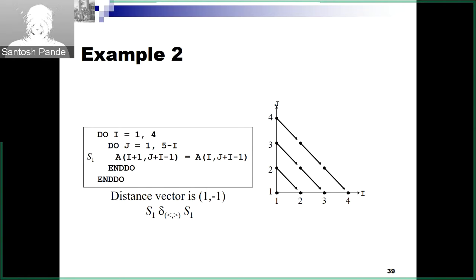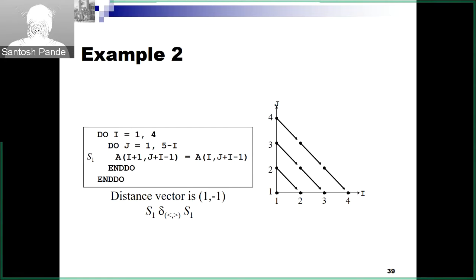However, in this example, you see whatever is going on is the dependence here, the vector you can see is less than greater than, and the dependence is being carried by the I loop, which is of course the outer loop here, because greater than cannot be the direction vector of the loop which is carrying the dependence.